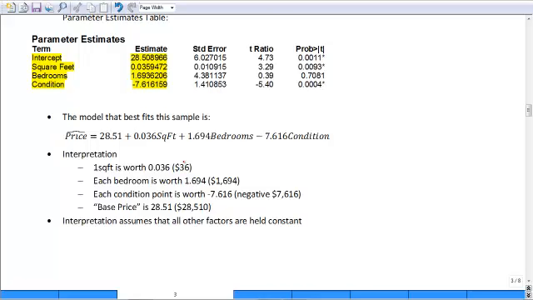Each bedroom is worth $1,694. Each condition point is worth a loss of $7,616. And the starting point for the model is $28,510, which you might think of as the price of a typical lot with no house upon it. Another thing to keep in mind is that these interpretations assume that all other factors are held constant.